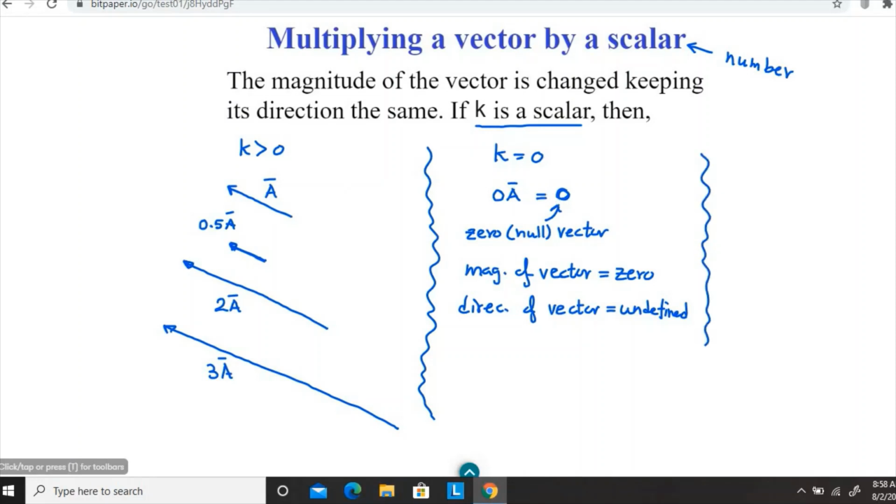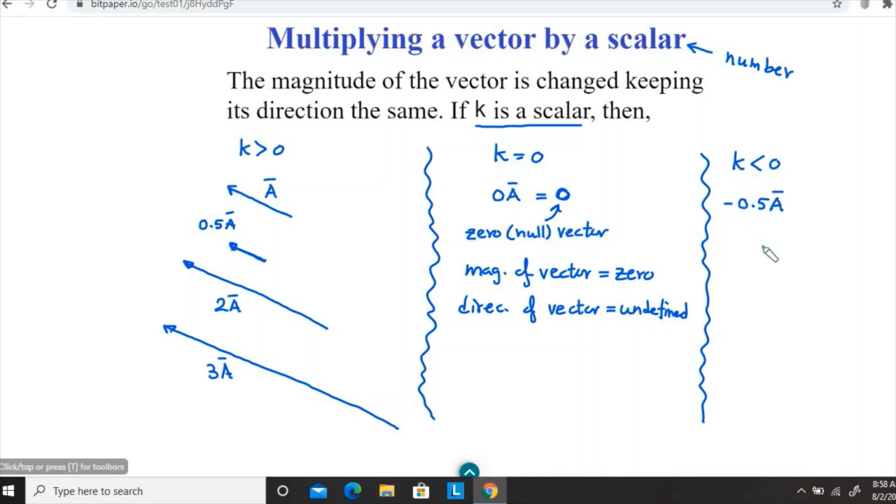Then the third case is when k is a negative value. So that means k is less than 0. So let's say that we multiply the vector by k equals negative 0.5, like this. So our vector is negative 0.5 times a.